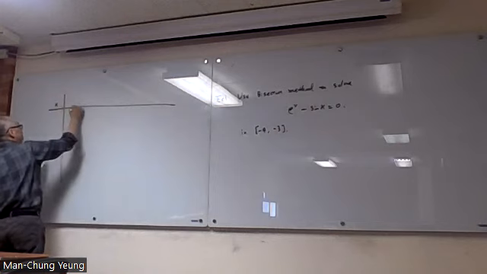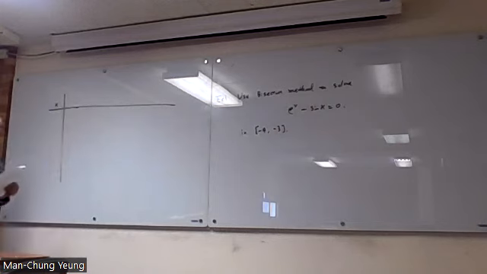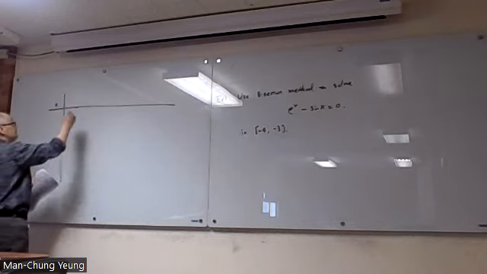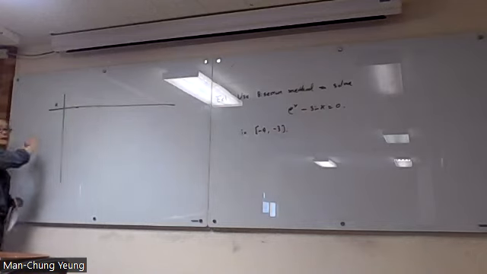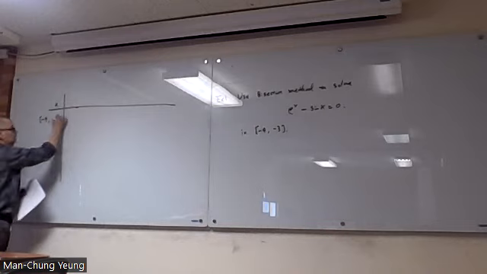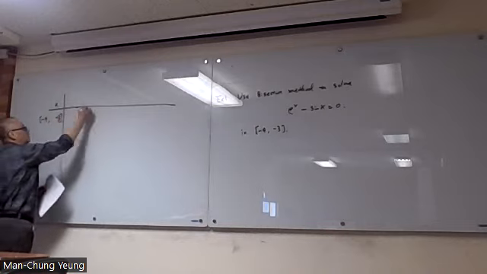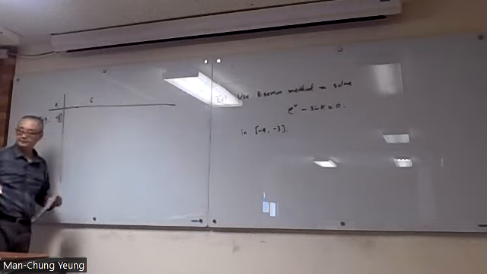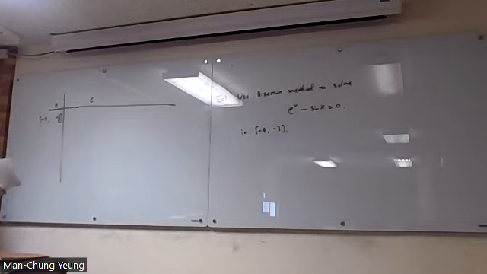The first column is for iteration. First iteration starts with this interval, 4 to 3. Second column, midpoint. We use the midpoint as an estimate of the solution of the equation.